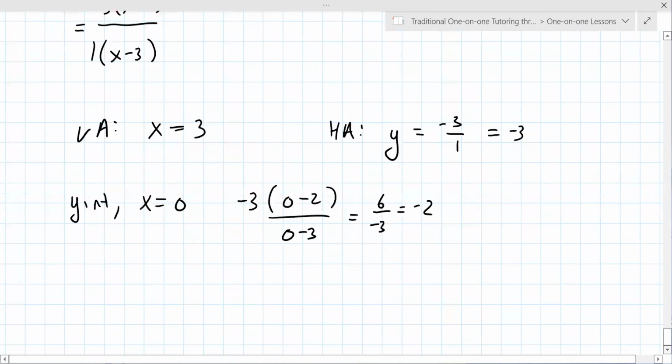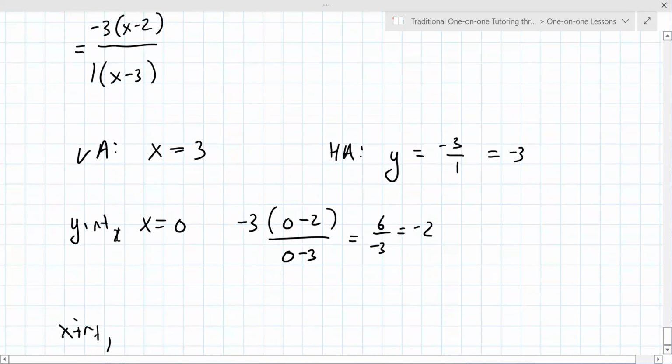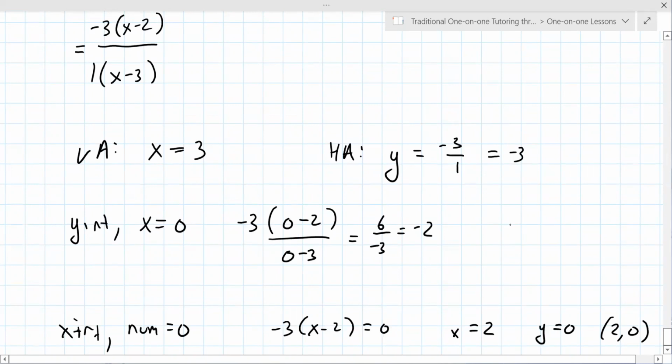And then for the x-intercept, you're setting the entire numerator equal to 0. So -3x minus 2 equals 0, and you end up getting x equals 2, y equals 0. That's an ordered pair.